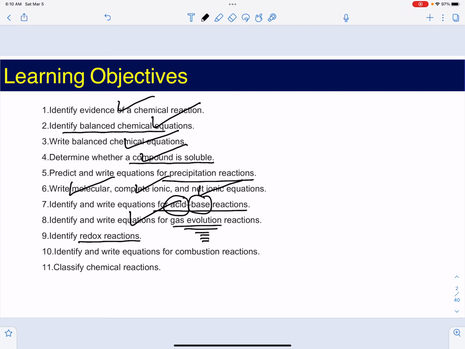And we're gonna see that a combustion reaction, or a reaction that happens really fast, creating an immense amount of energy, like fire, is a special type of redox reaction. And with that, we can classify chemical reactions, most likely precipitations, combustions, redox, and neutralization, acid-base. So we're gonna go deep into different types of reactions in this chapter.